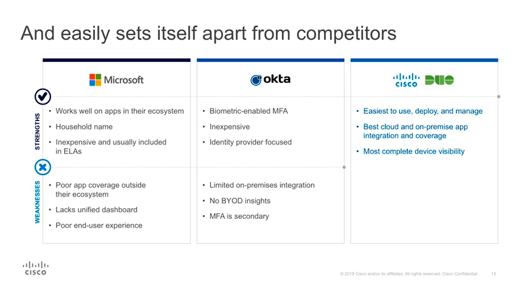Duo provides the best cloud and on-premise app integration and coverage to ensure that all applications are protected. And it provides the most complete device visibility, whether it's on-premises or remote, or a corporate versus personal device. Duo ensures that there are no unsecure endpoints or unhealthy devices accessing your applications.